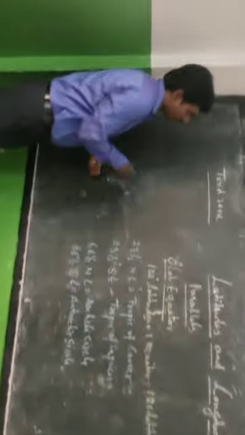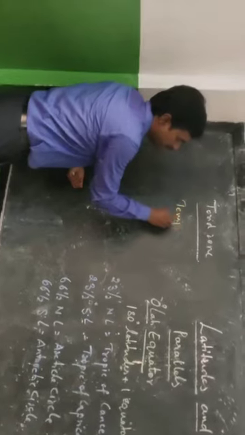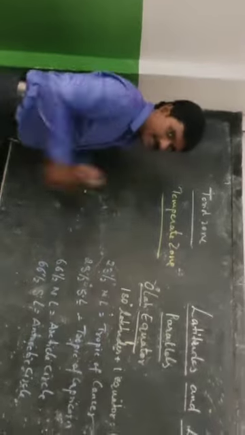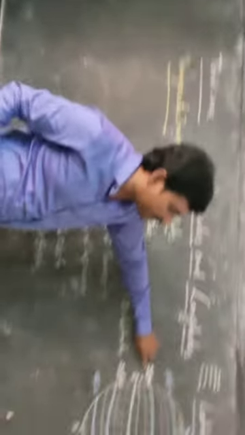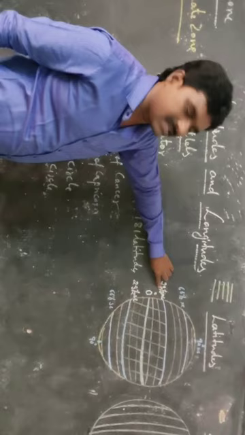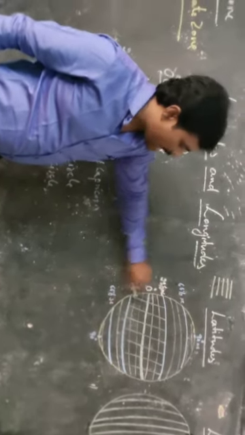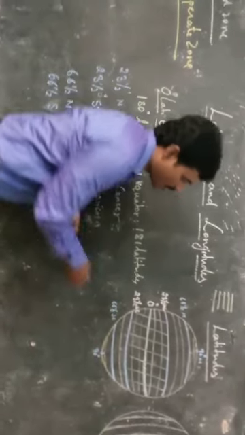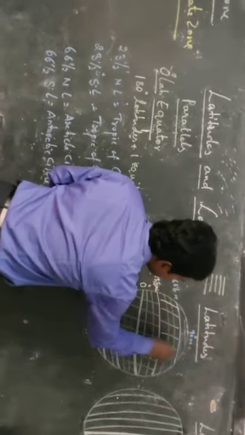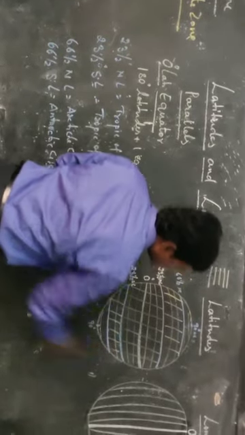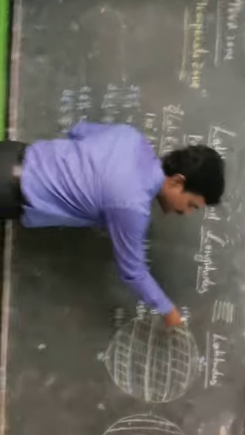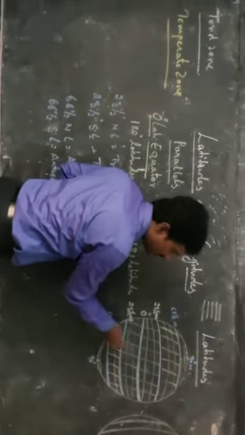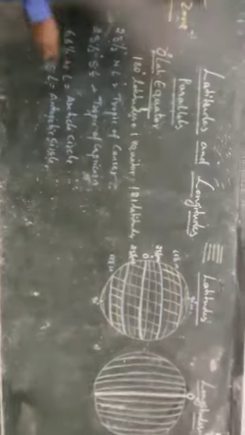The other zone we have is the temperate zone. Where does this temperate zone lie? It lies between Tropic of Cancer and the Arctic Circle, and Tropic of Capricorn and the Antarctic Circle. Between 66.5 degrees Arctic Circle to 90 degrees north, and likewise in the south, this zone is called a frigid zone.